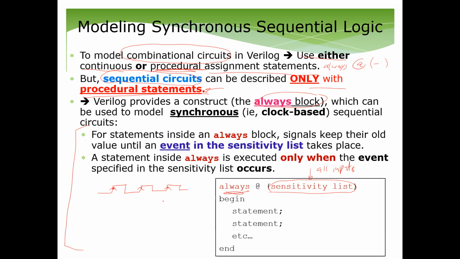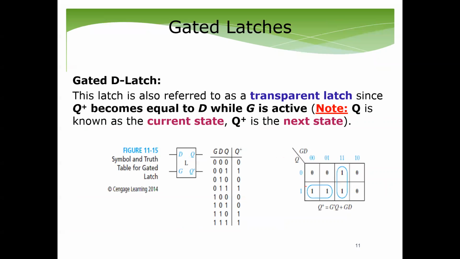For flip-flops, this is either gonna be the positive edge of the clock or the negative edge of the clock. For latches, we check our logic at a certain level, either the positive level of the clock or the negative level of the clock. Okay, so this is gonna affect our sensitivity list, and we will see how.